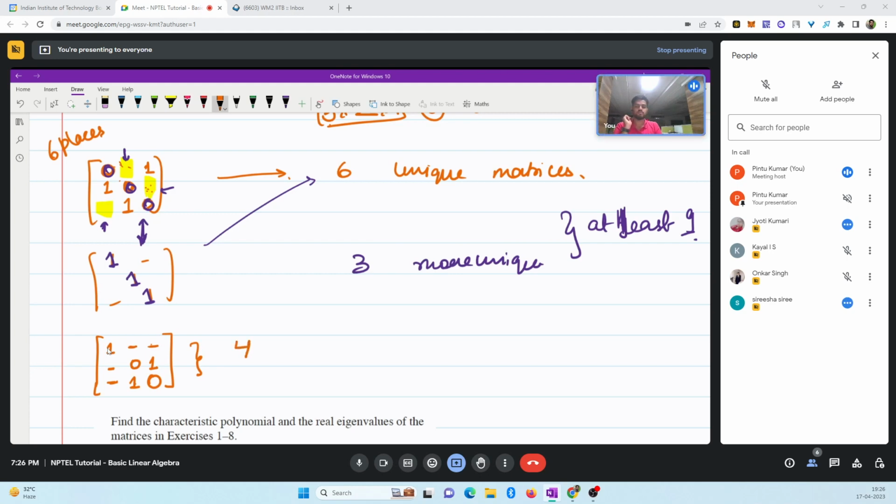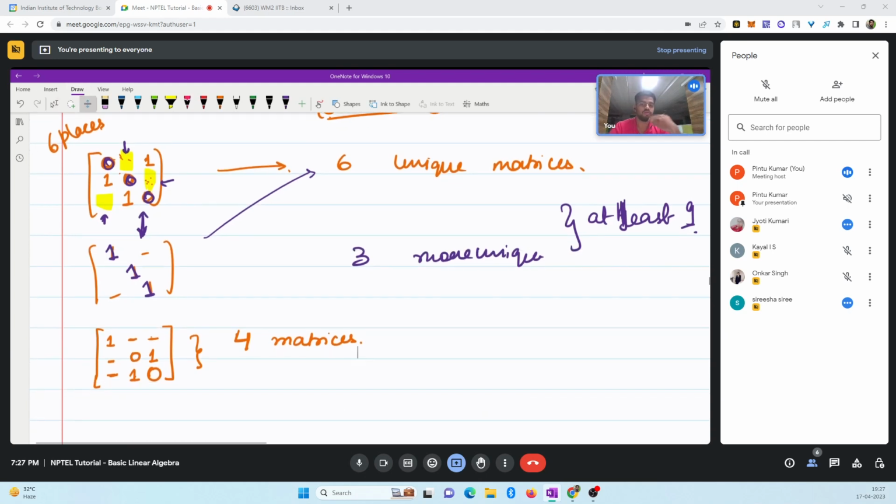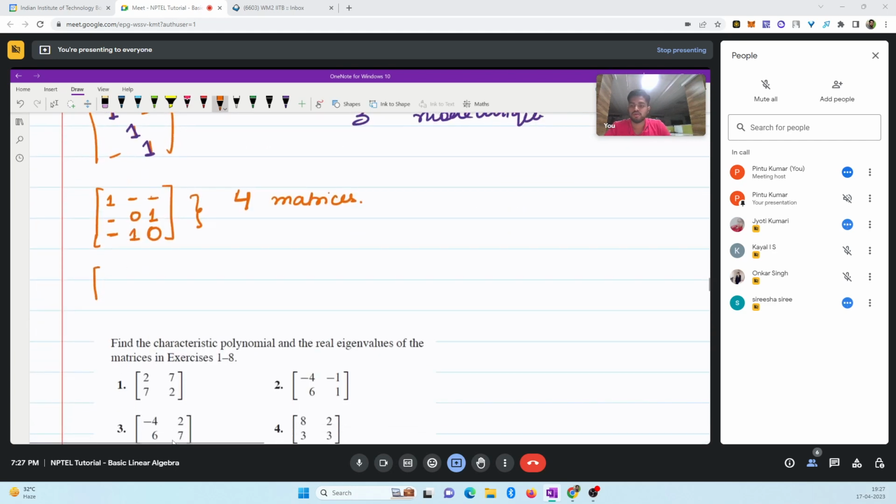So we will again obtain 4 matrices from here. And this is more of a counting problem. You can change the diagonals and then again count and see how many more you will get. Again, if you take this as 0, then you can place 1 over here and 1 over here.